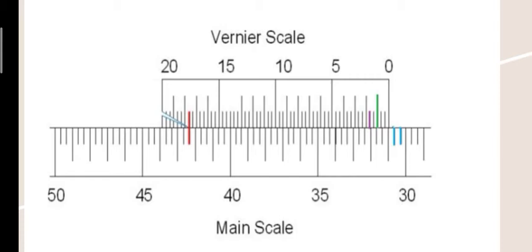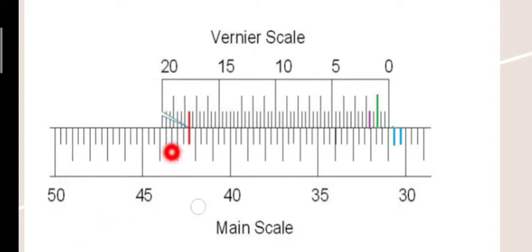What you're going to see first is where the 0 is intersecting. The lower scale is called the main scale. The readings you can see here are 30 degrees, 35 degrees, 40 degrees, 45 and 50 degrees.